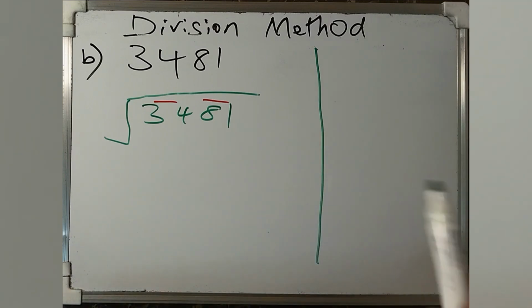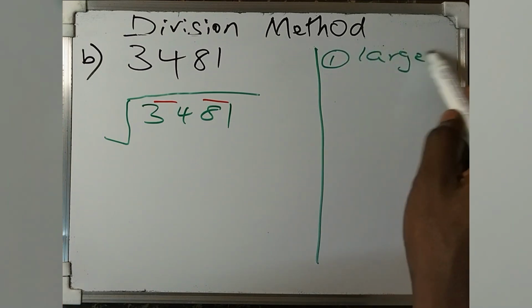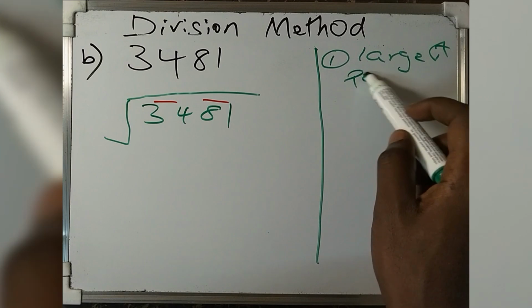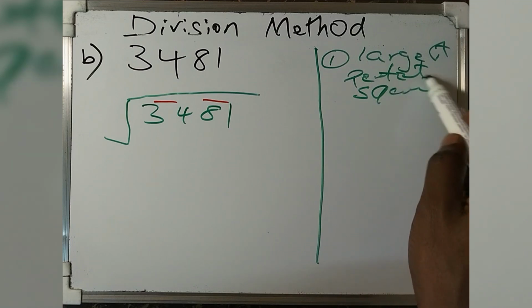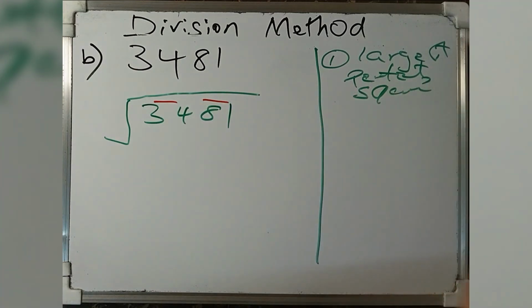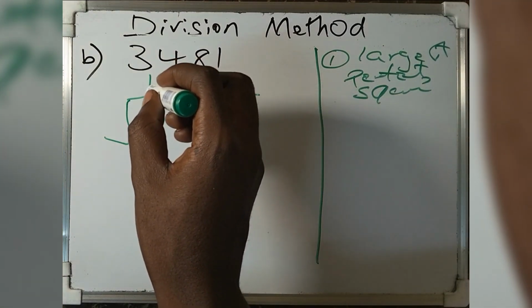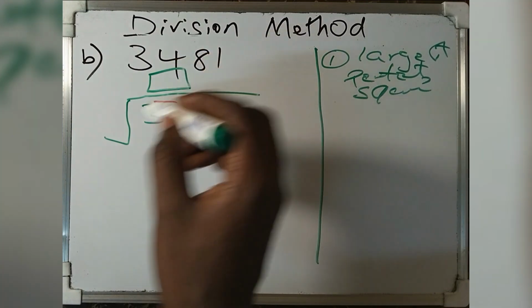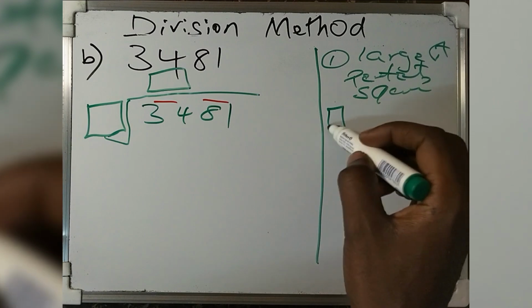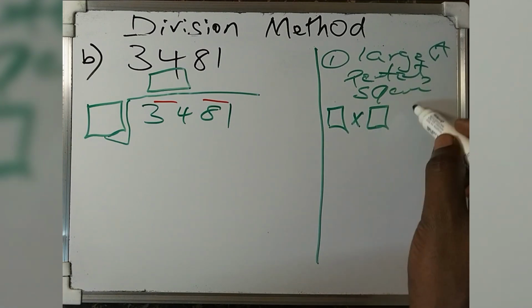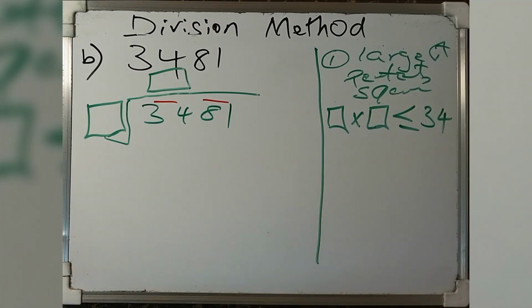We need the largest perfect square, such that that perfect square times itself will be equal or less than 34.